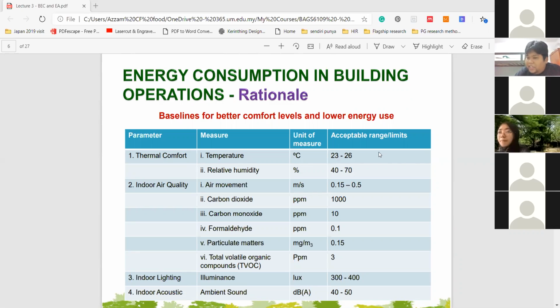You go to 28 degrees, you start to feel a bit of perspiration on your neck, right? So 27 and below is okay, but once you go to 22 degrees, it's just too cold. You start looking for a jacket, or you probably want to close the windows and whatnot. And then there's also a difference between the genders.